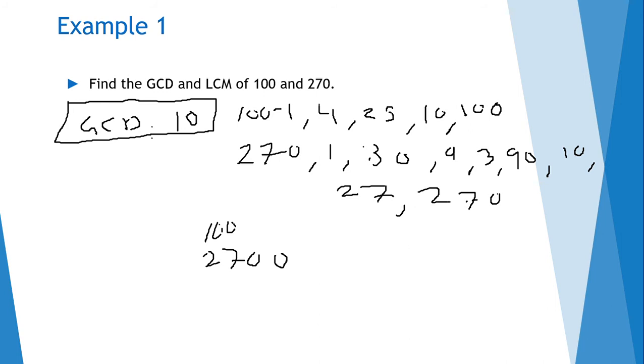So I'm going to say that my LCM would be 270 multiplied by 10, which would be 2700. Sorry, this is a bit messy, but yeah, LCM is 2700.